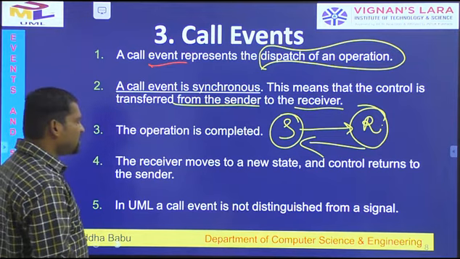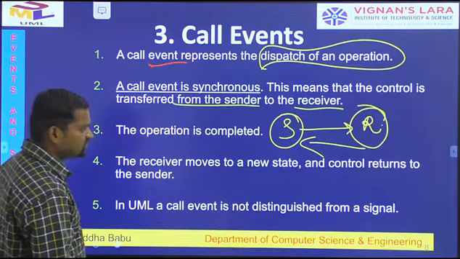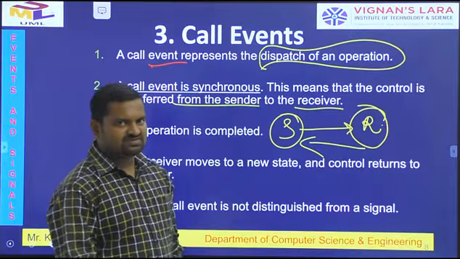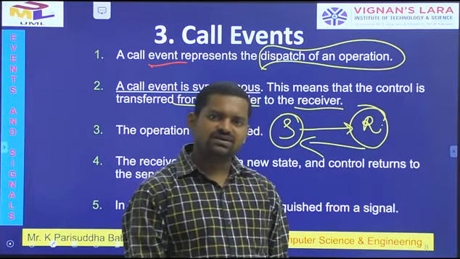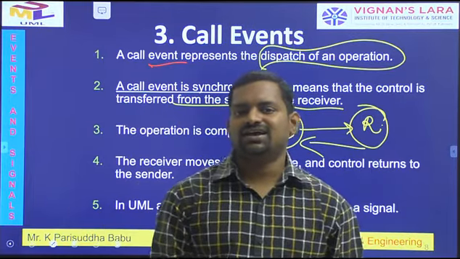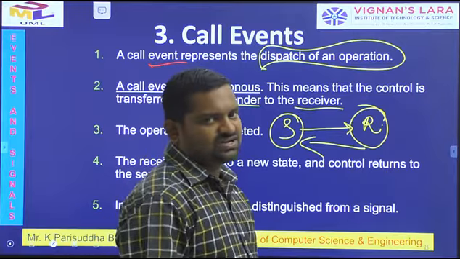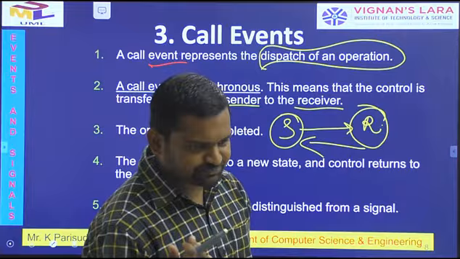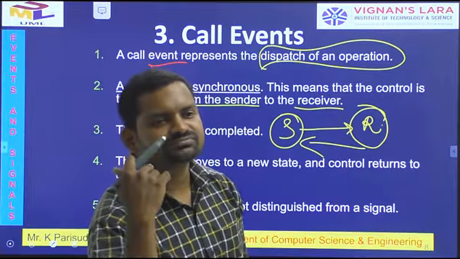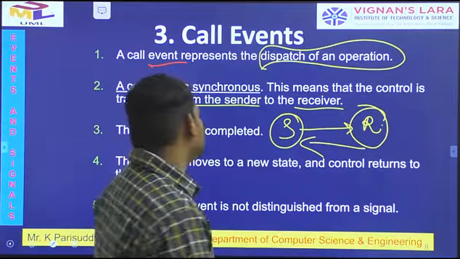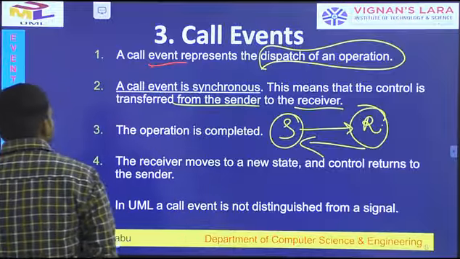In the UML, a call event is not distinguished from a signal. Signal is also one kind of event, and call is another kind of event. Signal occurs in between the states, activities and objects, and a call event also occurs there.